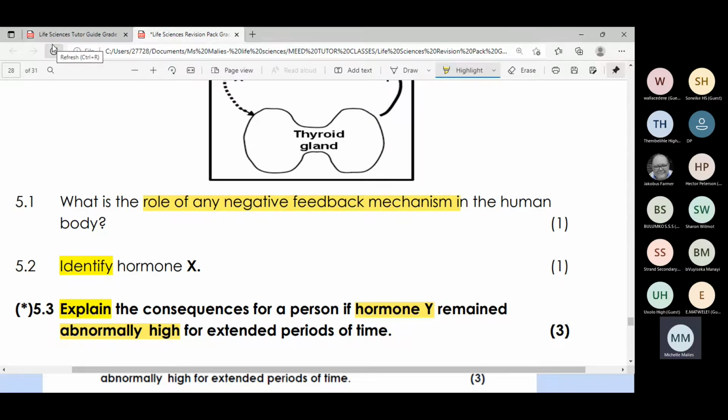Okay, I think the only place that we might take some time is probably in 5.3, but 5.1 and 5.2 should not be a problem.